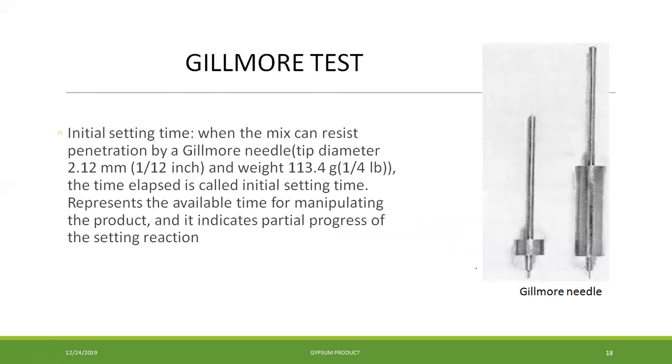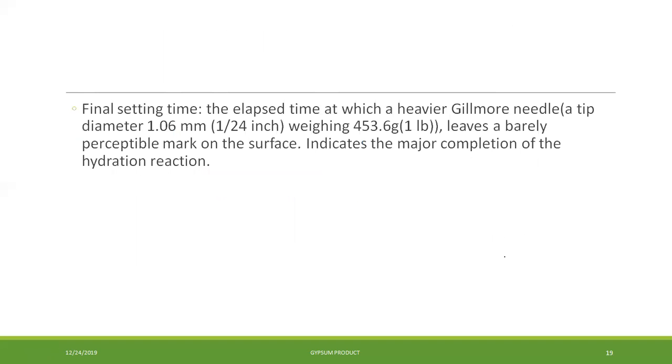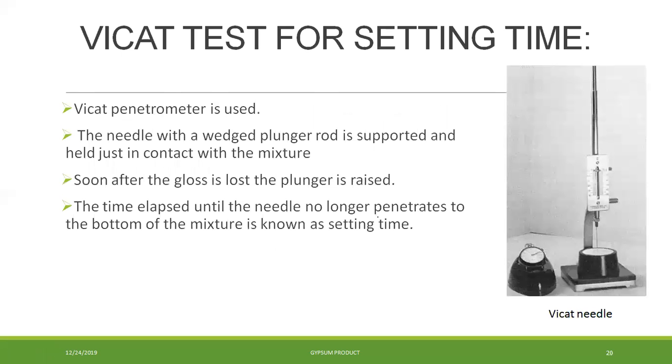So these are the Gilmore needles, right? We have to give particular pressure there, and we have to check for the final set also. For that, we need a particular diameter needle with particular weight for all the 5 types of plasters. But we don't need that.